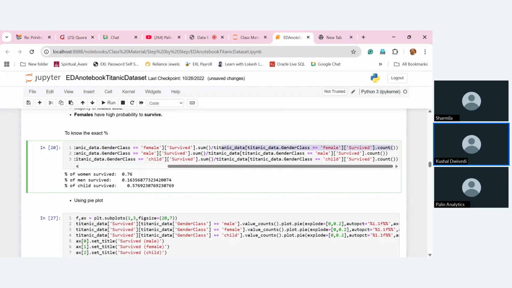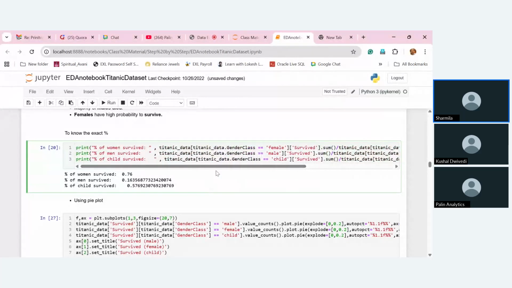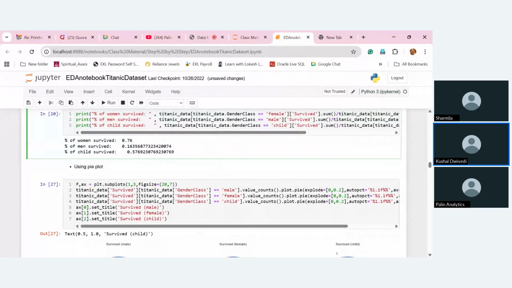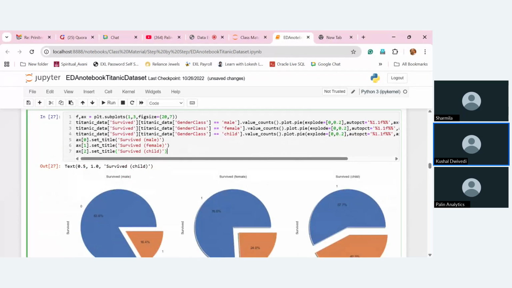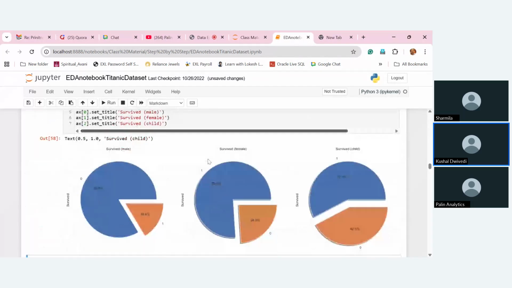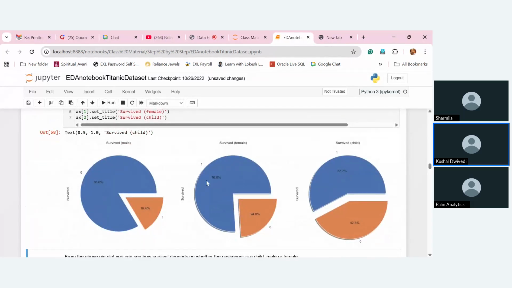So here we can say 76% of women survived, 16% of men survived, and 57.6, 58% of children survived. And we are representing this using a pie chart here also. We can see the same trend.